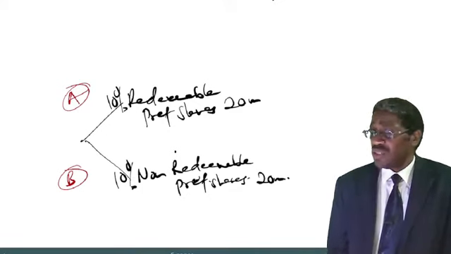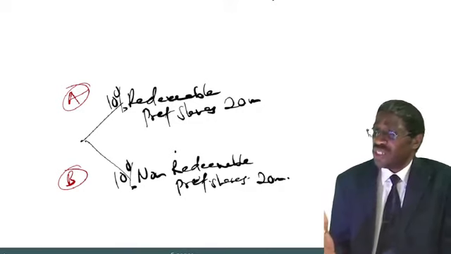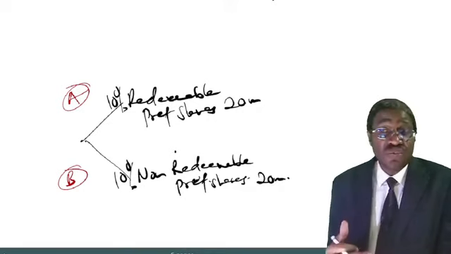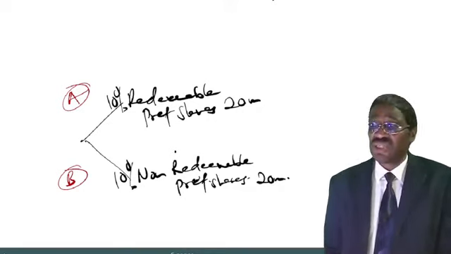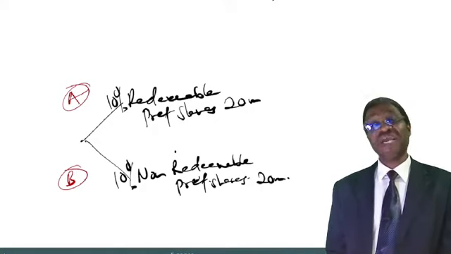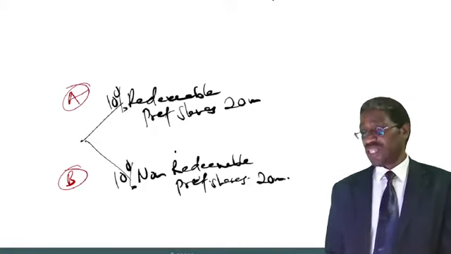In other words, where you take the redeemable preference shares in the balance sheet, is it the same place you take the non-redeemable preference shares? The answer is no.